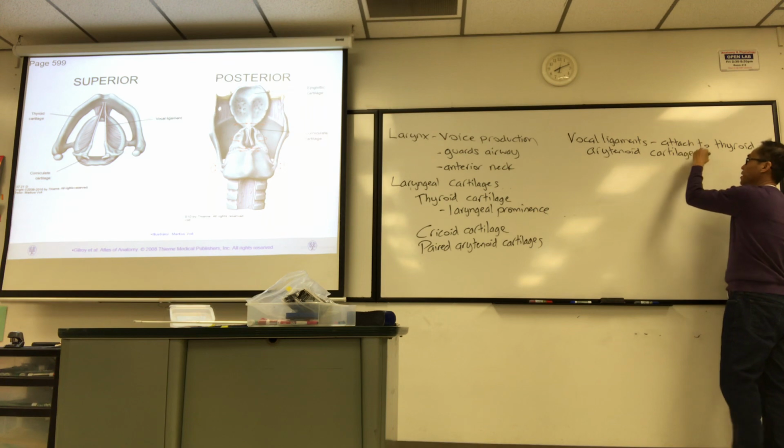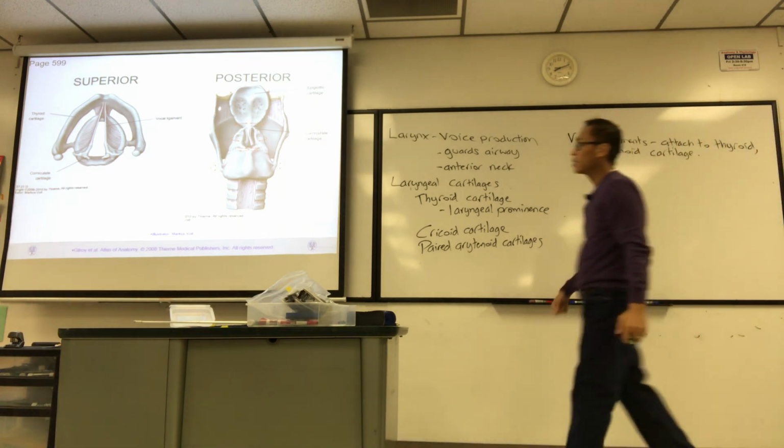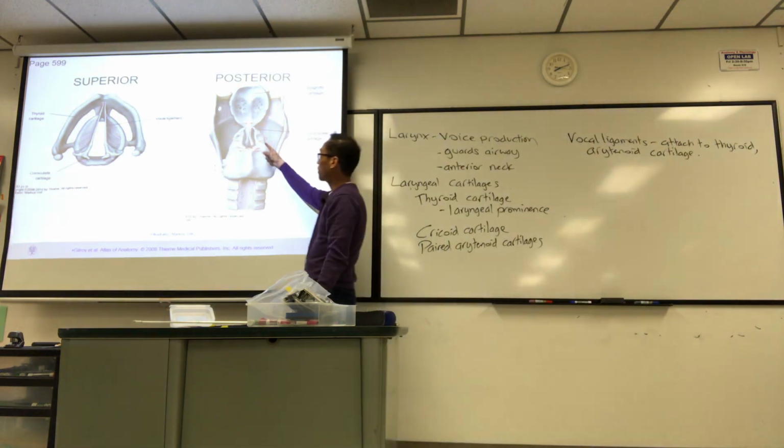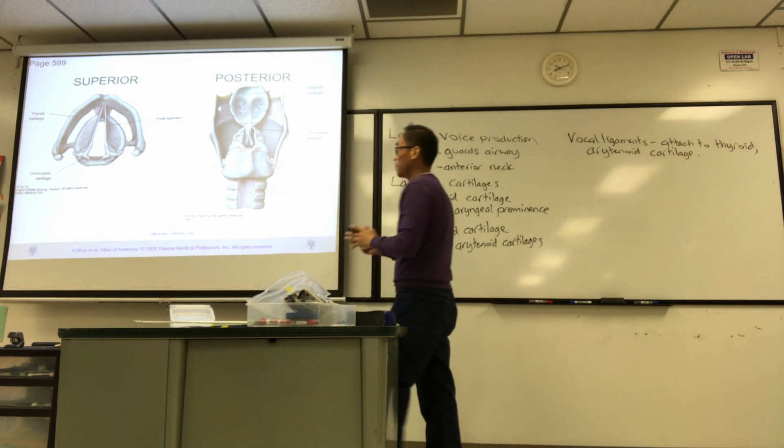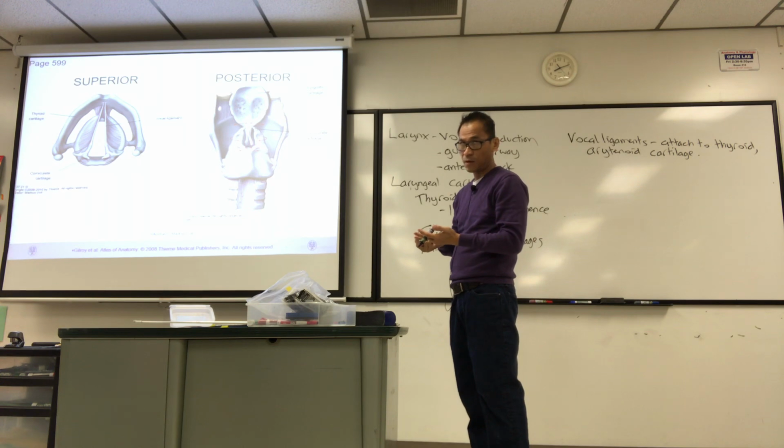When you form speech, sounds, you're vibrating the vocal ligaments. They make kind of a V. But notice that those arytenoid cartilages, they can pivot. So they're showing you right there. They pivot to kind of open and close the space between them. That's called the glottis.